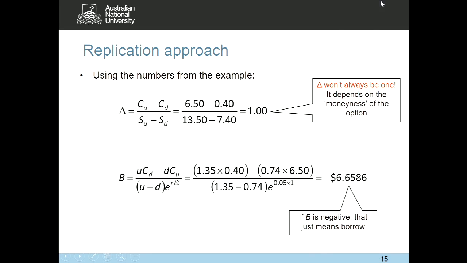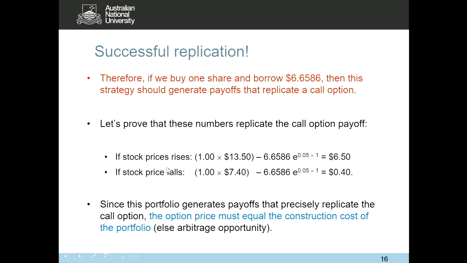Okay, so our strategy here is to buy 1 unit of share and then borrow $6.65 from the bank. And let's see whether the payoff of this portfolio would match the payoff of the call option. All right, so in 1 year's time, let's check the ending value of our portfolio. In 1 year's time, the share price will increase from $10 to $13.50 if the share price rises, right?